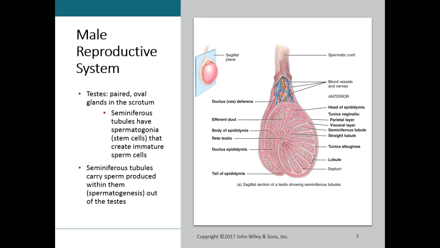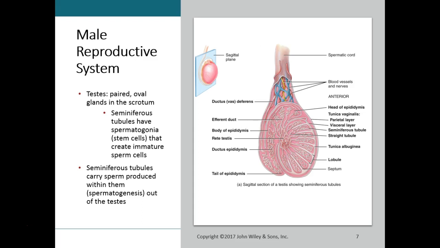Until that point, they're in what we call the retroperitoneal space. Remember, the peritoneum is the serous membrane that lines the abdominal cavity. So the testes develop in the retroperitoneal space and then descend through the inguinal canal down into the scrotum during the 7th month of development.